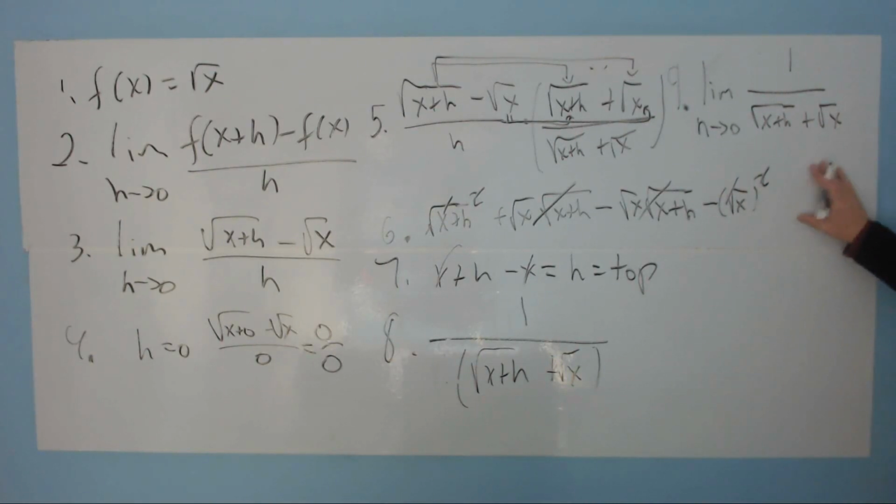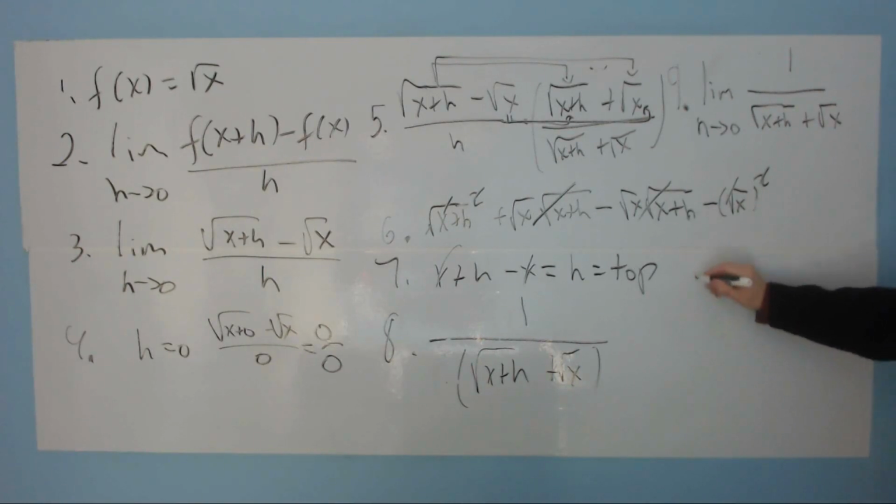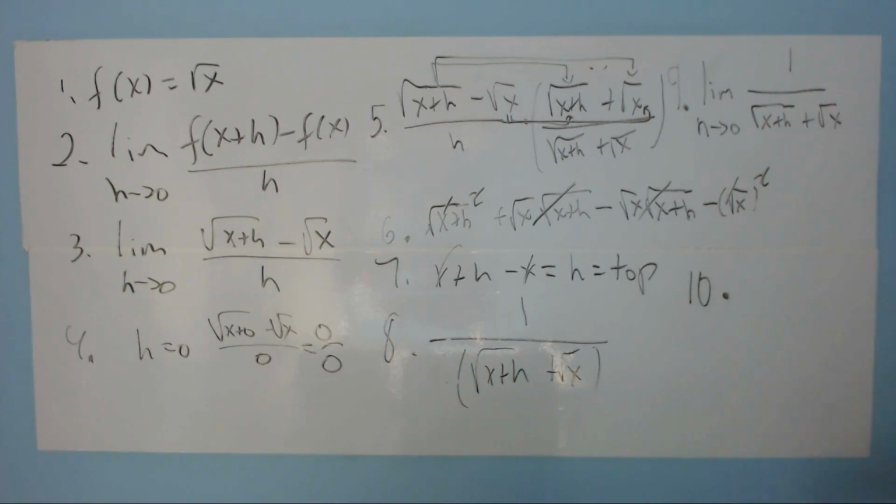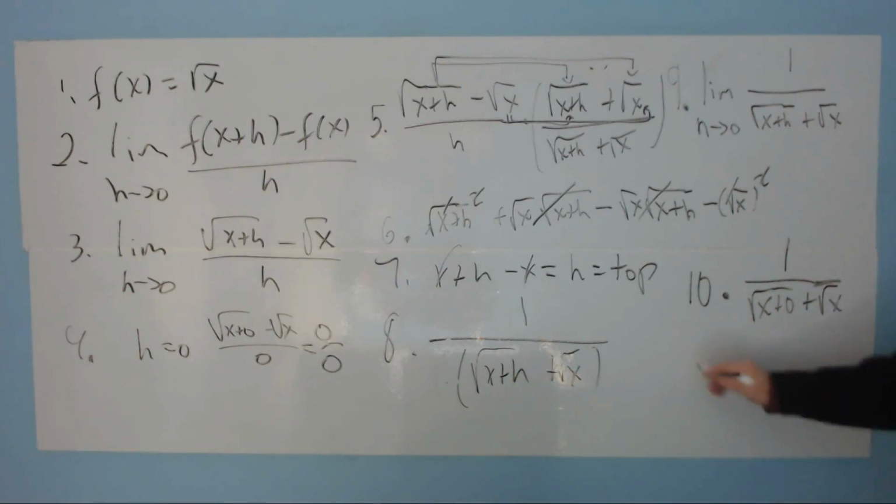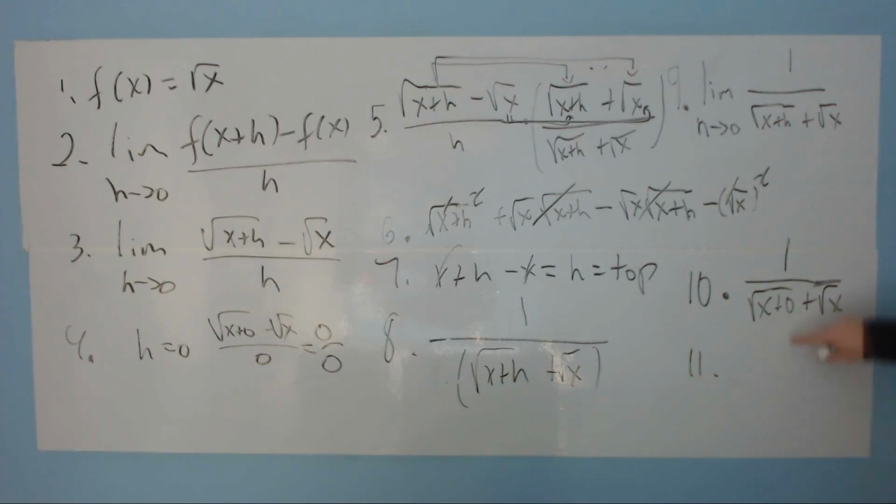So what I'm going to do is leap over part of step 6 down to step 10 right here, okay? I hope you can follow the logic. Just replace back in step 9 h with 0 directly. It's going to give me 1 over the root of x plus 0 plus the root of x. I hope you're following that. At step 11, I simplify.